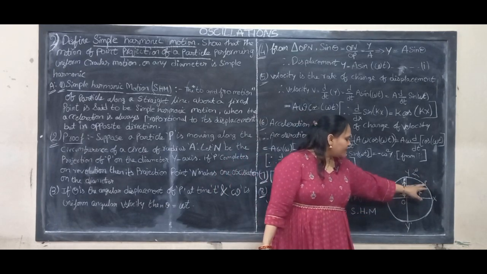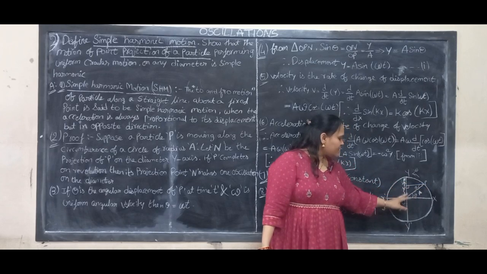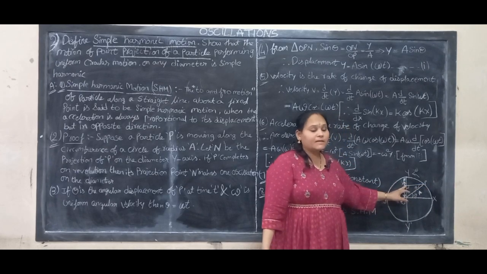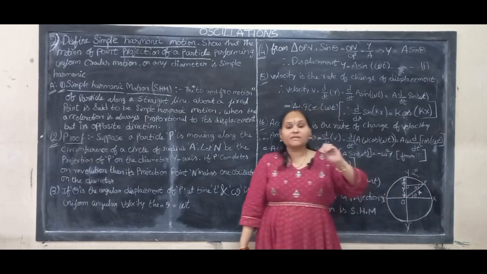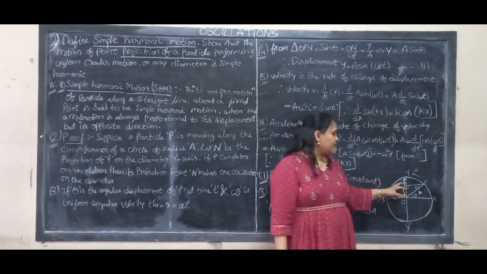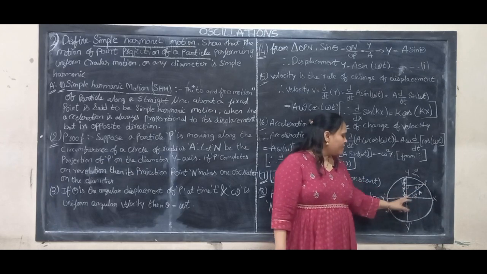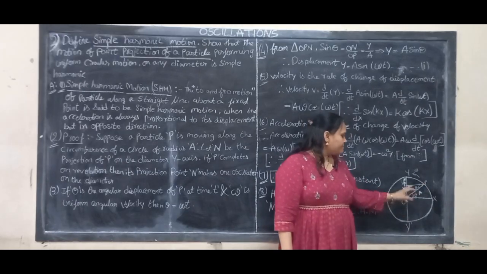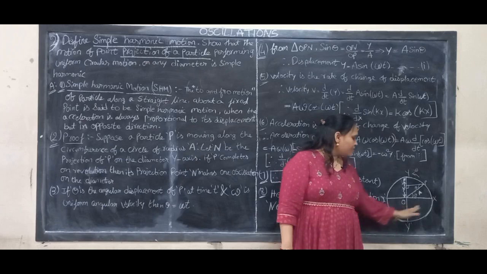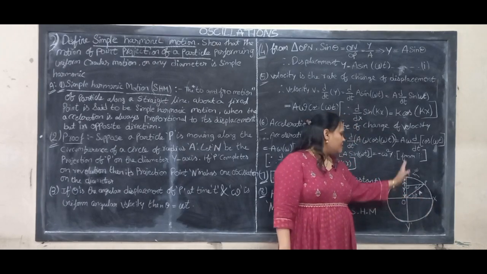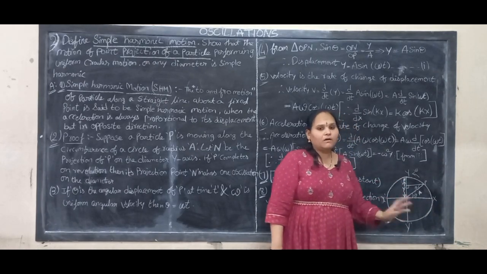The perpendicular line drawn on the y-axis is N. N is the projection of P, and theta is the angle. OP is the radius. Here the horizontal axis is x dash, y dash, and O is the origin.